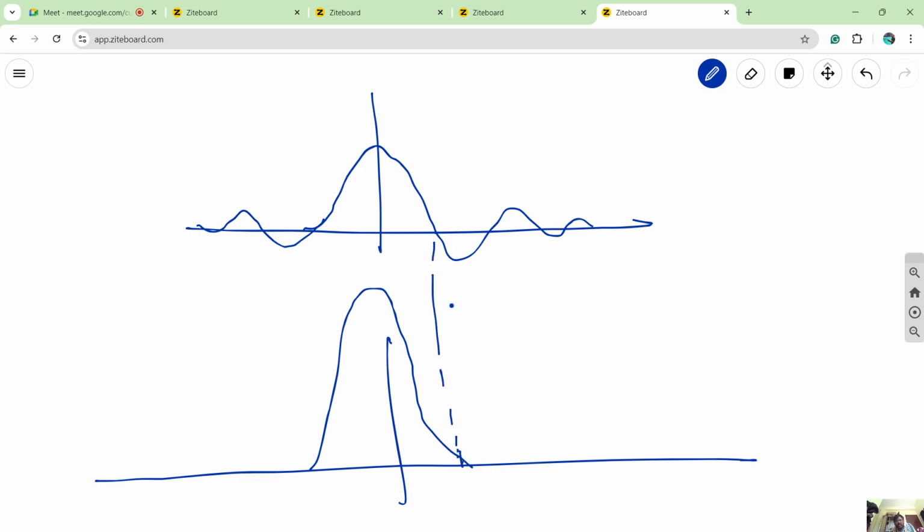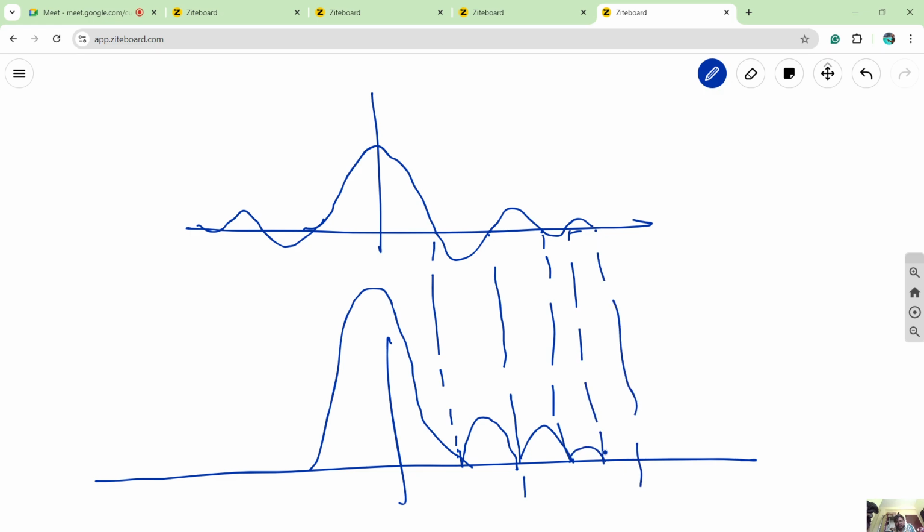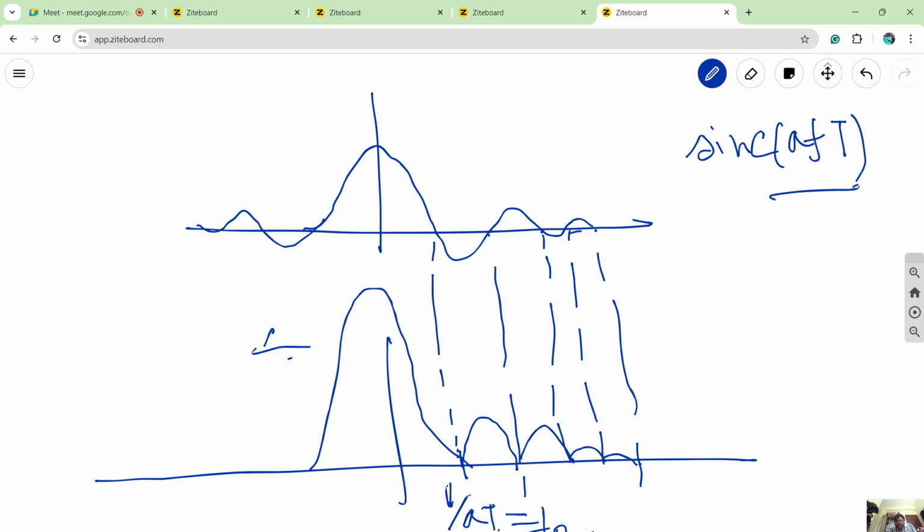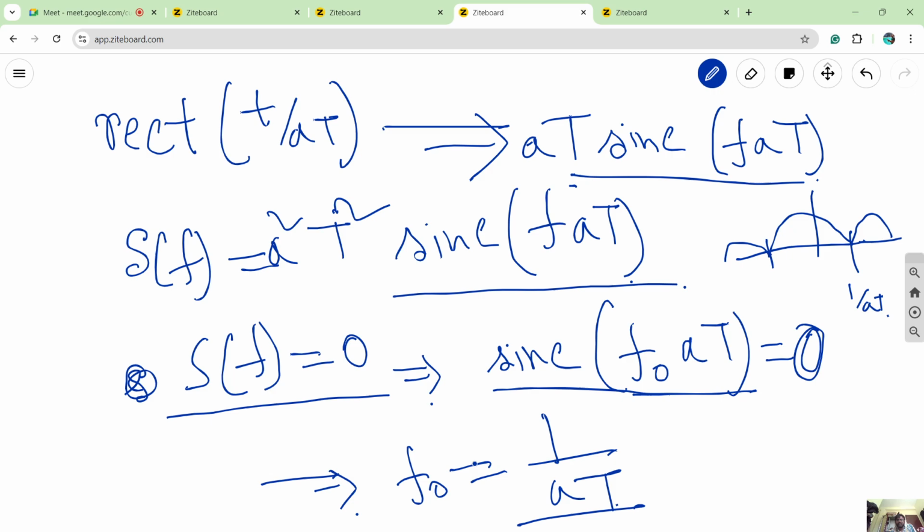Then this negative term also becomes a positive term, and similarly on this side also. So at 1 by aT, f0 is equal to 1 by aT, it becomes 0. So f0 is 1 by aT.